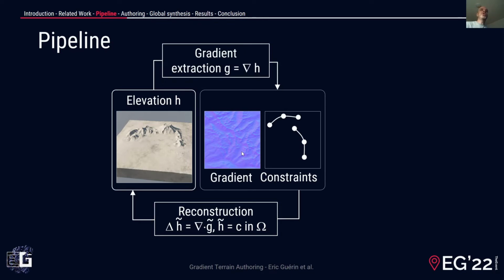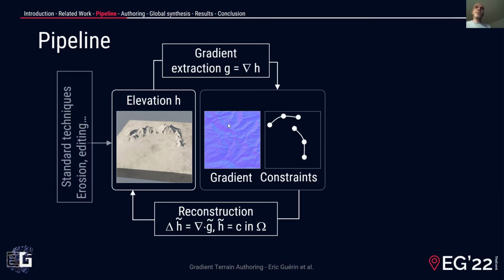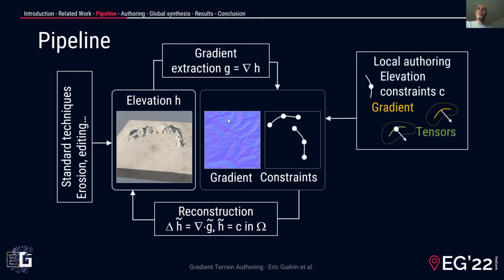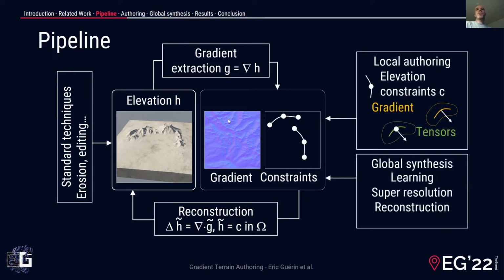This dual representation allows us to utilize both standard algorithms operating in the elevation and gradient domain methods. Gradient-based algorithms are attractive in the scope of terrain modeling because the gradient represents the slope. Thus, we propose both local and global tools for authoring details or generating a gradient map from scratch.